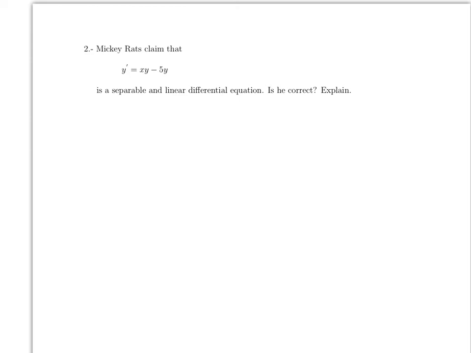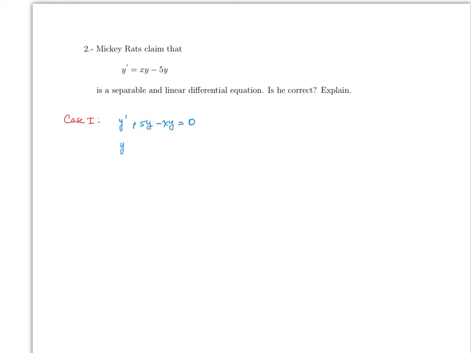So let's see this. So let's say case 1. If we write the equation like this, y prime plus 5y minus xy equals to 0, then you can write it like this.